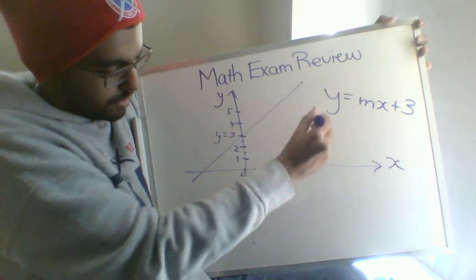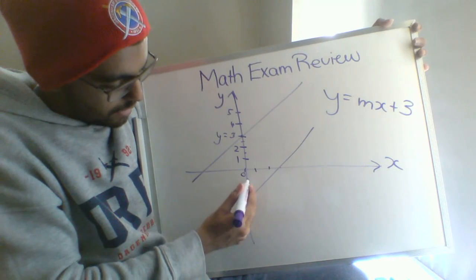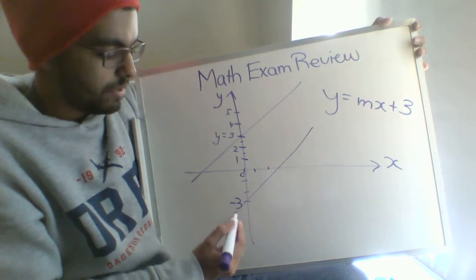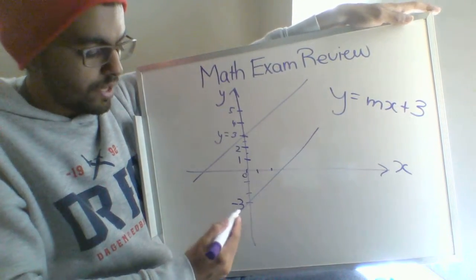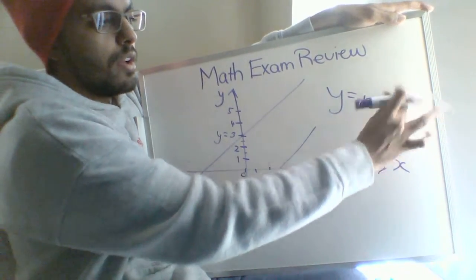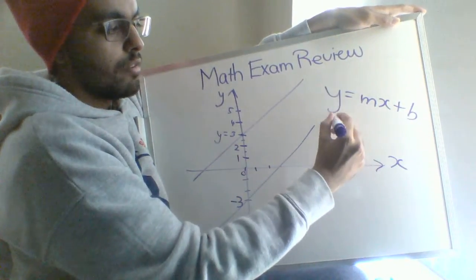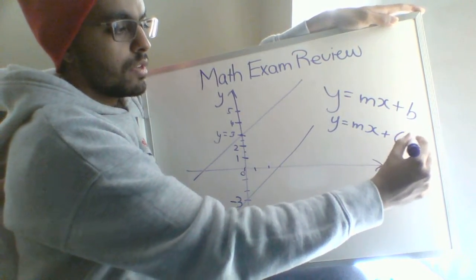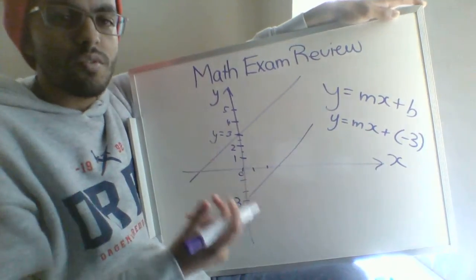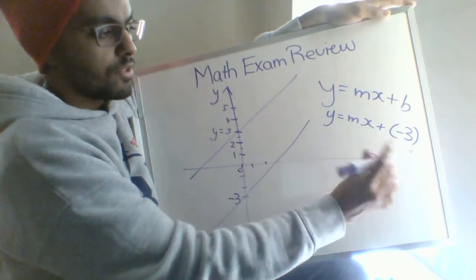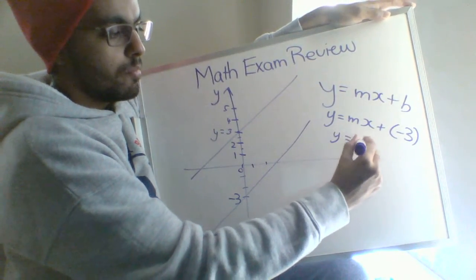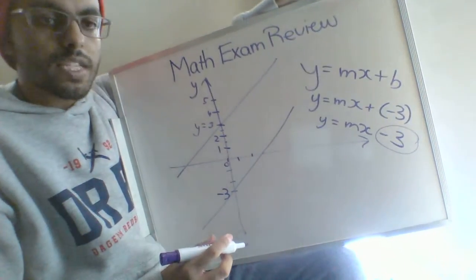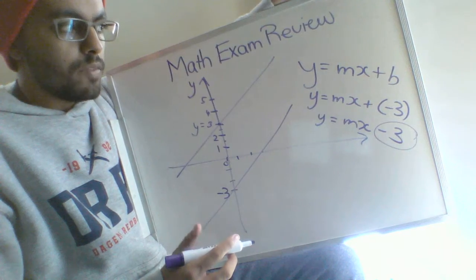If it was intersecting down here at, let's say, negative 3, then instead of having plus b, you'd have y equals whatever your slope is, mx plus negative 3. But you don't need to write plus negative 3. You might as well just write minus 3. So this bit right here takes the place of b in your equation.